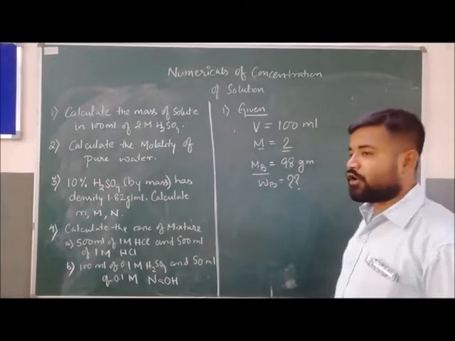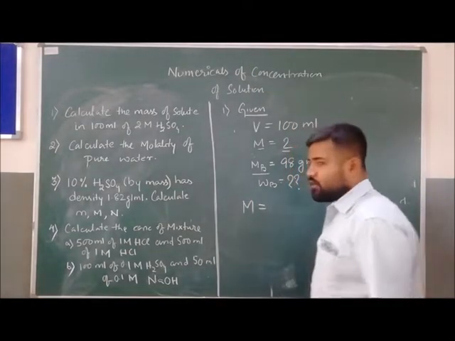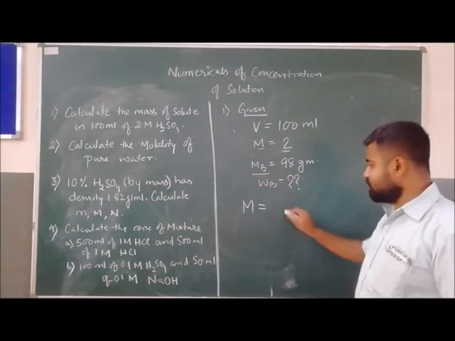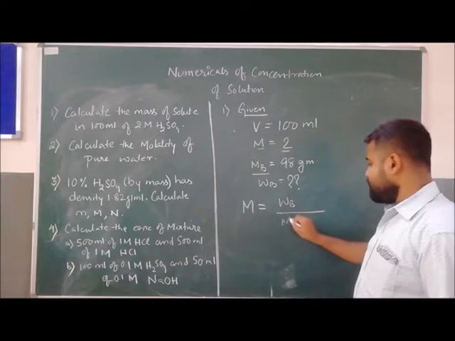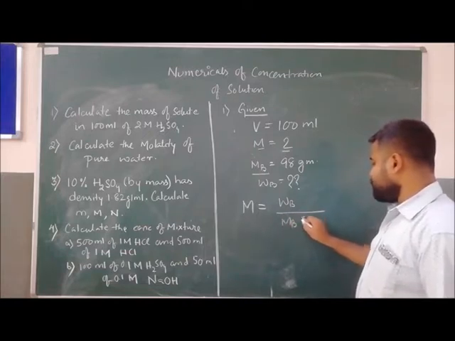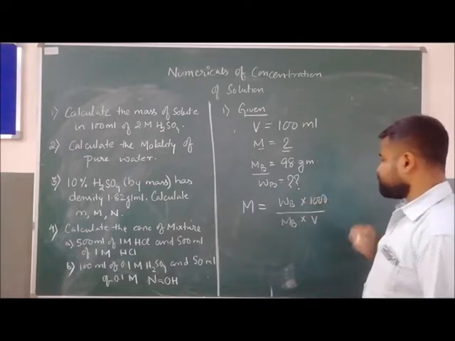So let us put it in the formula. What is the formula of molarity? Molarity is equal to Wb by Mb into V, and here into 1000.